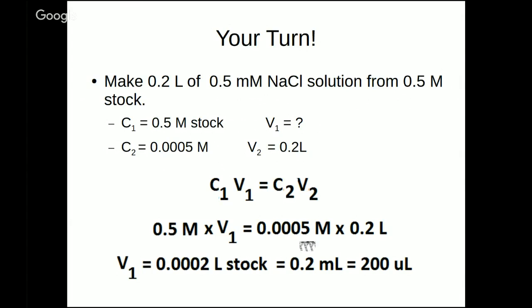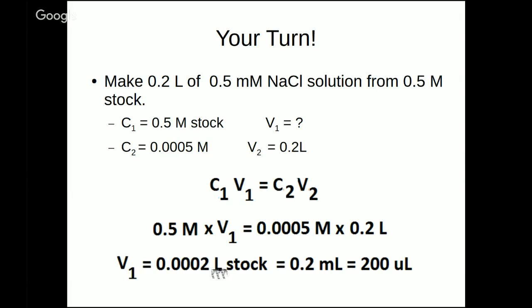All right, I fill these numbers into my equation. I solve for V1. And look at this teeny little number I've ended up with here. My V1 is going to be 0.0002 liters. Now, technically, that's correct. But when you go to actually make this solution, you're going to find it hard to measure that tiny amount with a vessel that measures in liters.